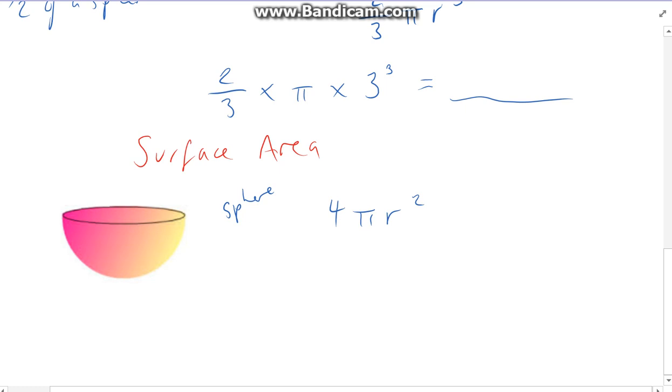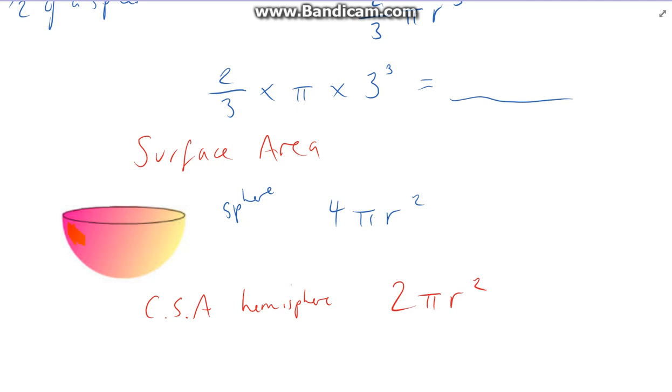So the curved surface area of the hemisphere is going to be half that. So half of 4 is 2. So it's 2 pi r squared. But all we're getting for that, we have to remember, is the curved surface area.